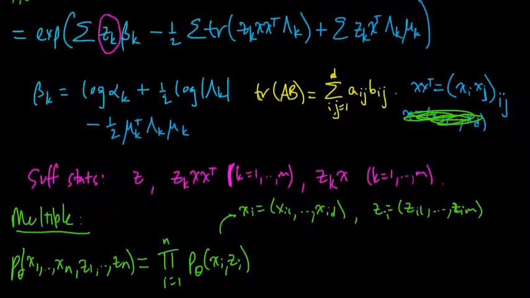And each of these factors is just this thing right here, but we put zik instead of zk, and xi instead of x. So what is that going to be?